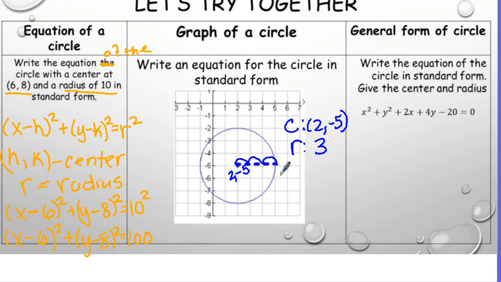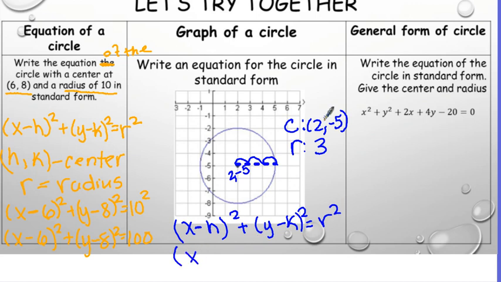So I'm going to put 3 here. Now I just need to fill in my equation for the circle. So here we get (x minus h) squared plus (y minus k) squared equals r squared. So this is h and this is k. You can label this to help yourself out.